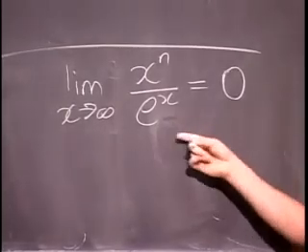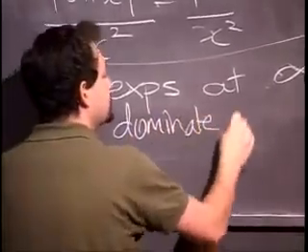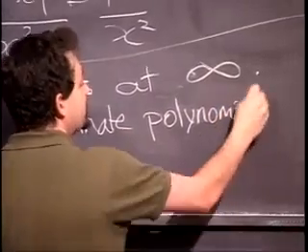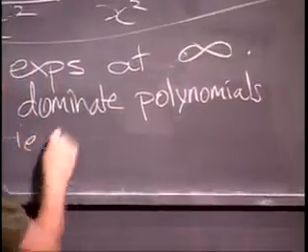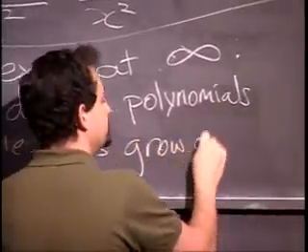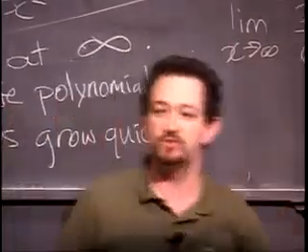The way we said it is exponentials dominate polynomials. Exponentials are bigger than polynomials, or powers of x. Exponentials grow quickly at infinity. They're really fast. Exponential growth is faster than polynomial growth.